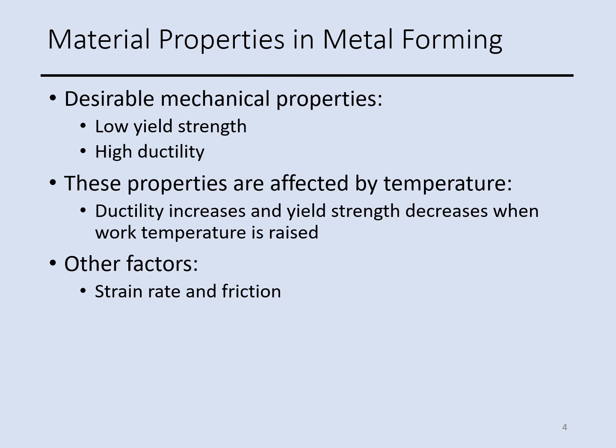If you have a material with a low yield strength, it means that you need a lower amount of load to deform that workpiece. And high ductility means the material can be stretched without any failure.